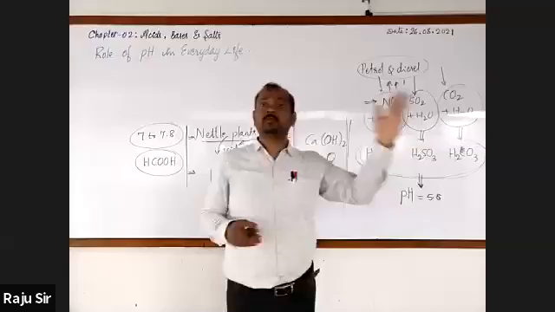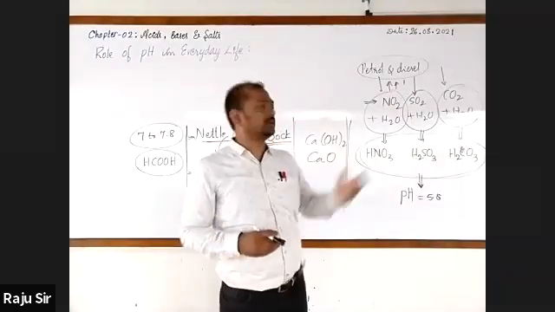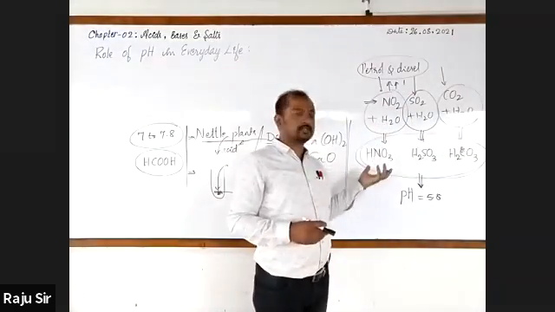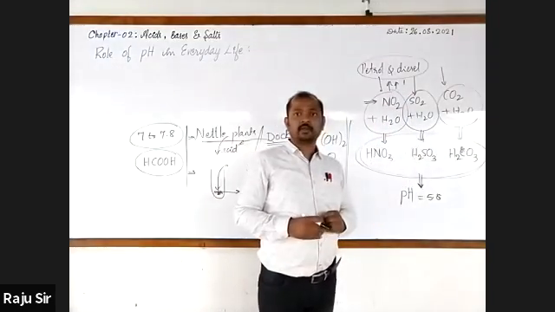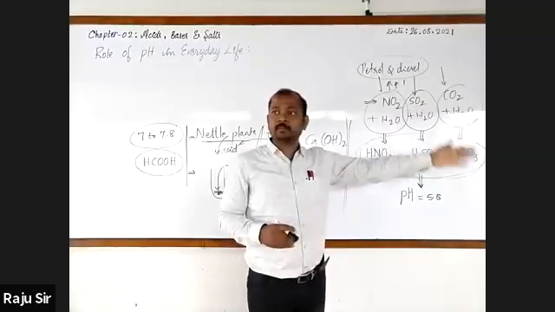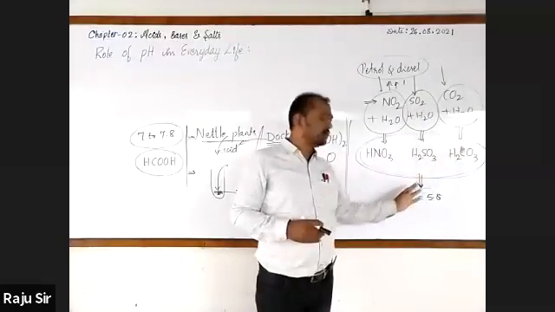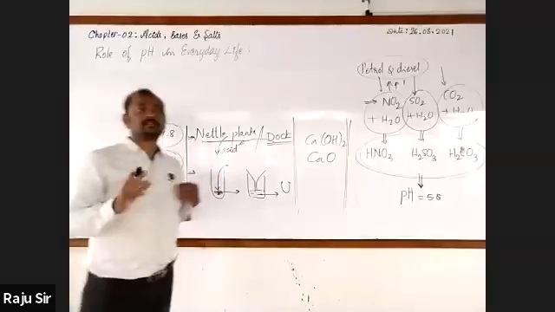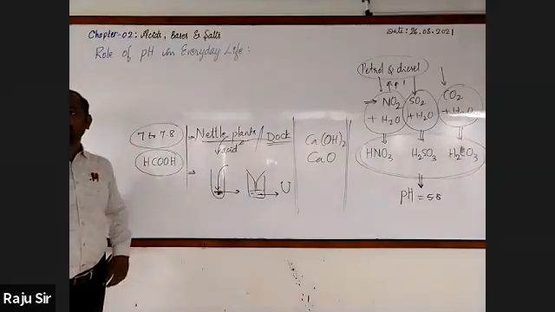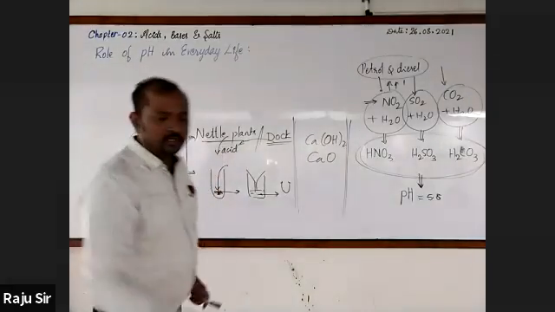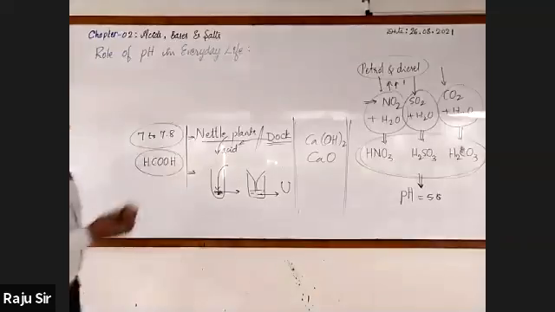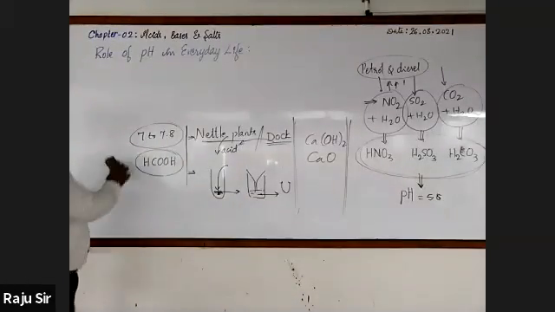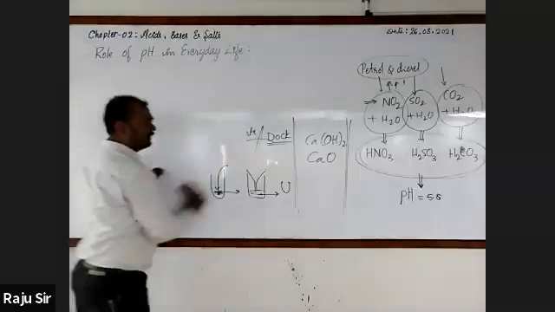When these react with the water vapor present in the atmosphere, they produce the acids. When these acids mix with the rain whose pH is 5.6 or less, then it is called acid rain.